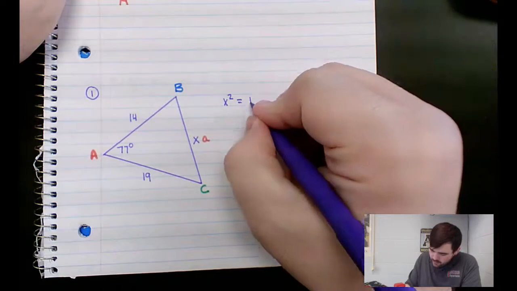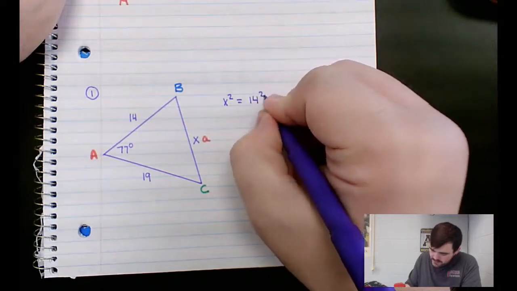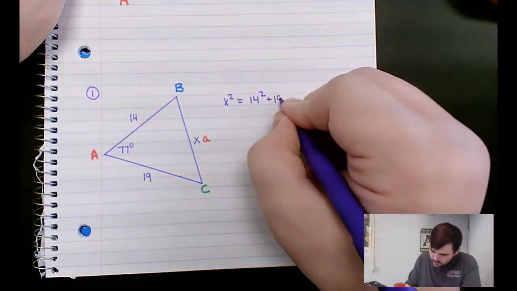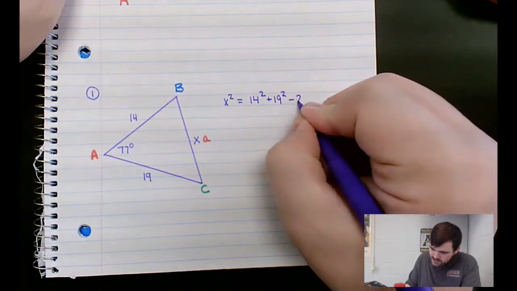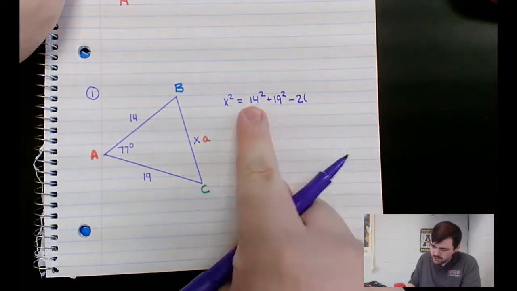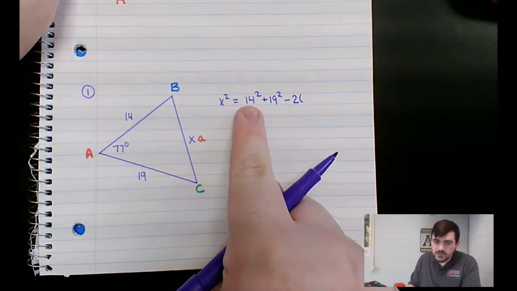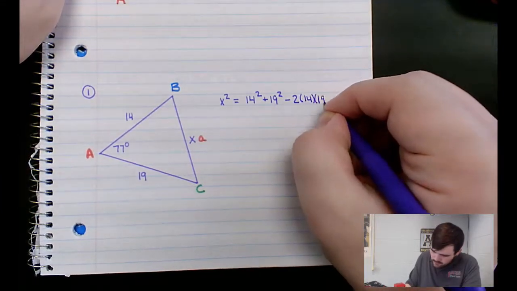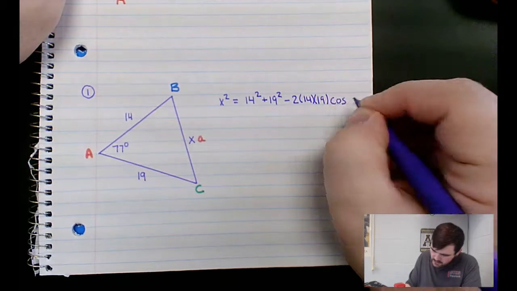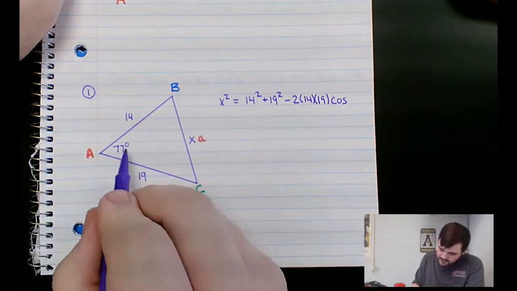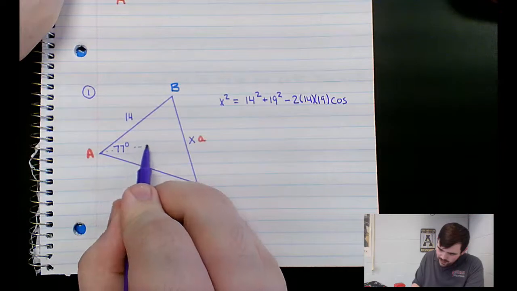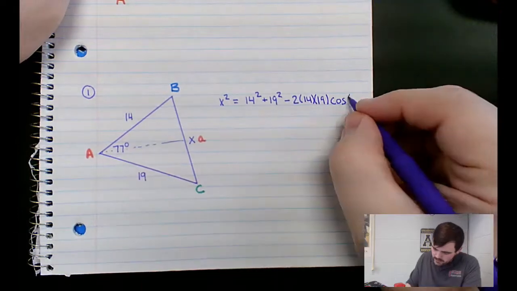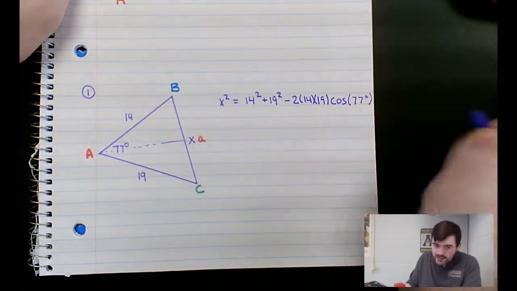It does not matter what order you write them in. 14 squared plus 19 squared minus 2 times 14 times 19 times the cosine of angle A. So you're definitely going to work with this angle opposite the side that you're solving for. Times the cosine of 77 degrees.